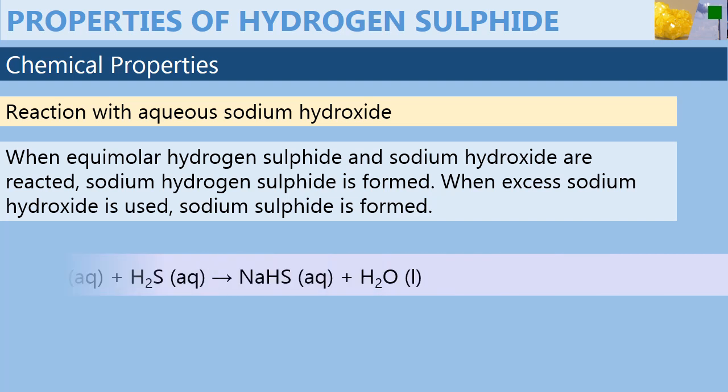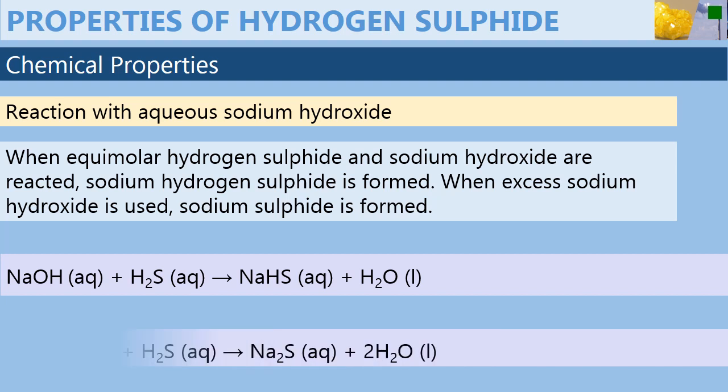The equation for this reaction is sodium hydroxide reacts with hydrogen sulfide to give sodium hydrogen sulfide and water. When excess sodium hydroxide is used, then sodium sulfide is formed as given in this equation.